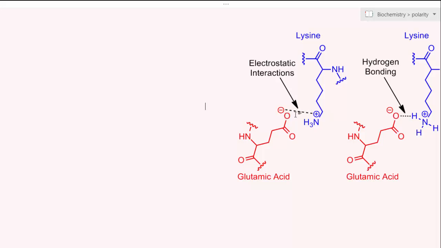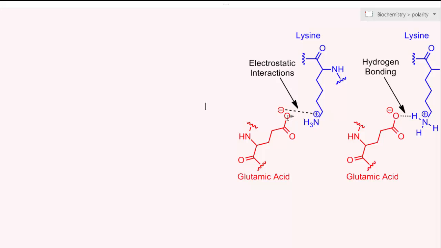The glutamic acid, in body pH, which is around 7, around neutral, will bear a negative charge on its carboxylic acid group, and the lysine will bear a positive charge on its amino group.